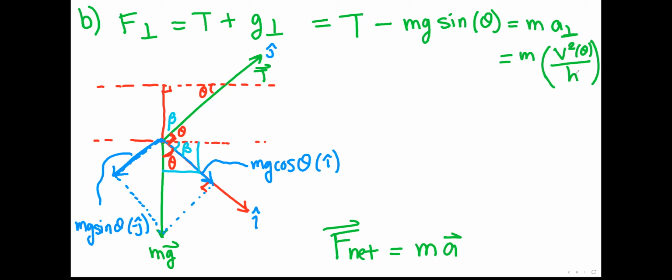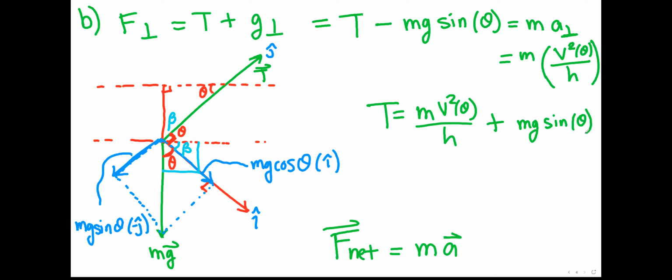Now we want to solve for T. So we have T equals m v squared over h plus mg sine theta.